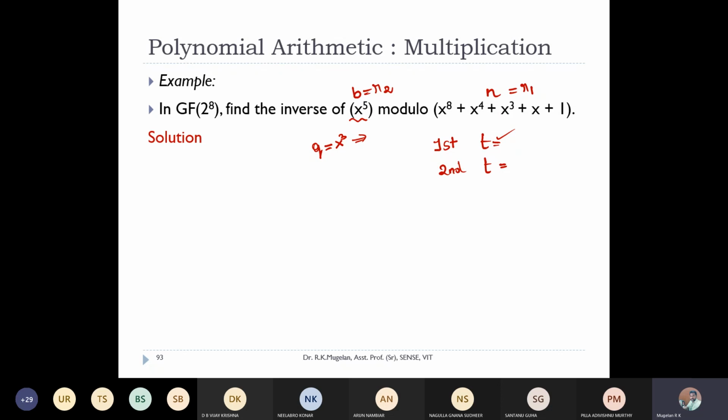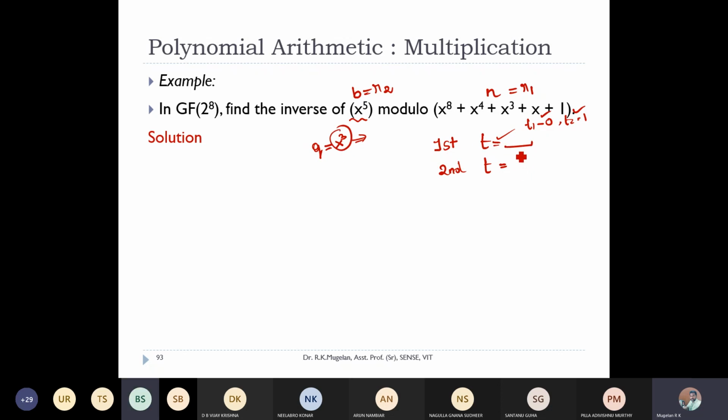Have you found the answer? It will be x raised to 5 for T2. No, tell me the answer for the first equation. Then you can get that. Your T1 will be 0 and T2 will be 1 for the first equation. Using this T1, T2 value and the quotient x cube, tell me the answer for this one.